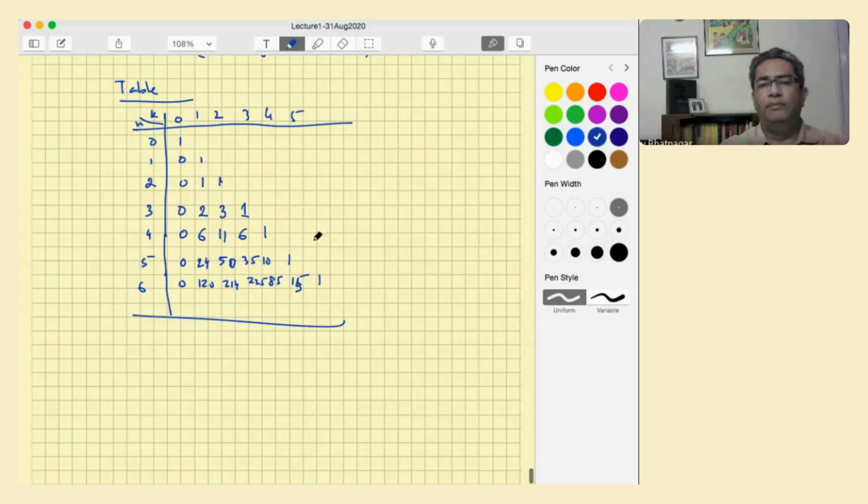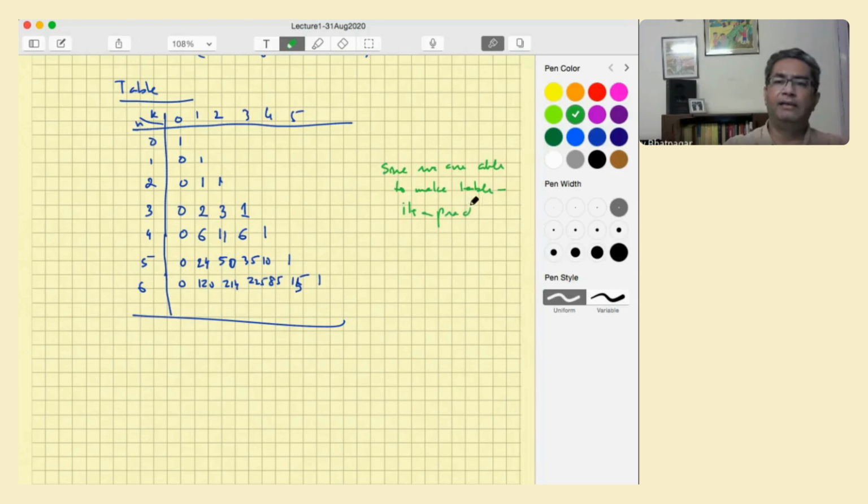Okay, so from the table it is apparent, it should be apparent, since we are able to make the table. It's a practical way of knowing that recurrences determine the numbers.